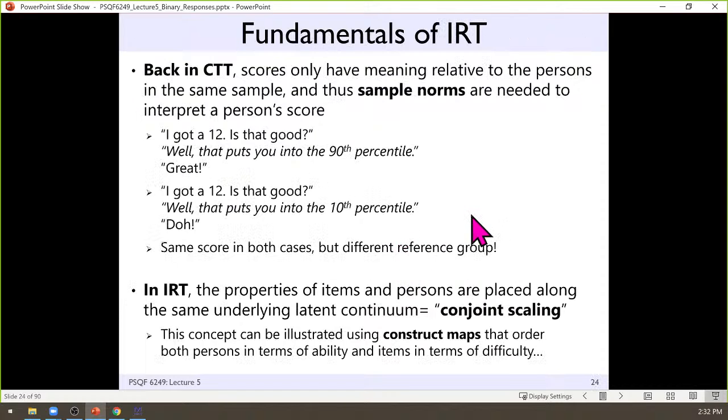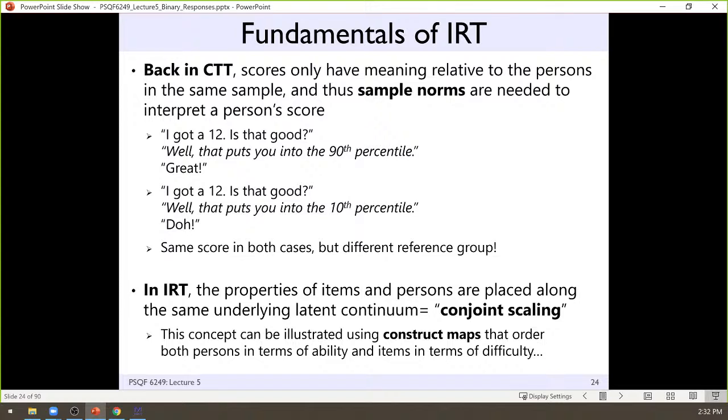So these difficulties, like I said, help you make sense of what the items imply for the location of the trait without necessarily needing to know how everybody else did. So for instance, if Huey came home, my 5-year-old, and he told me, Mommy, I got a 12, I'd say, good?